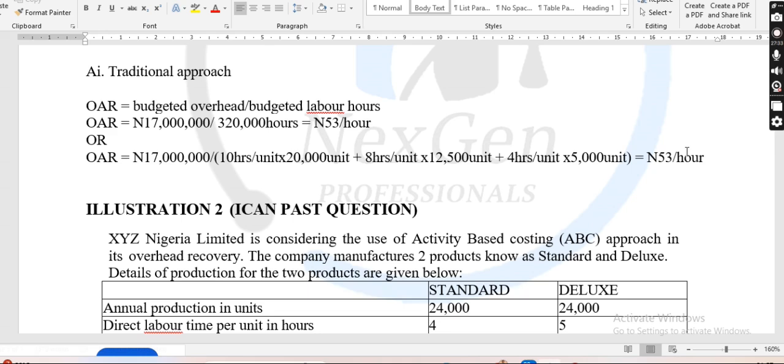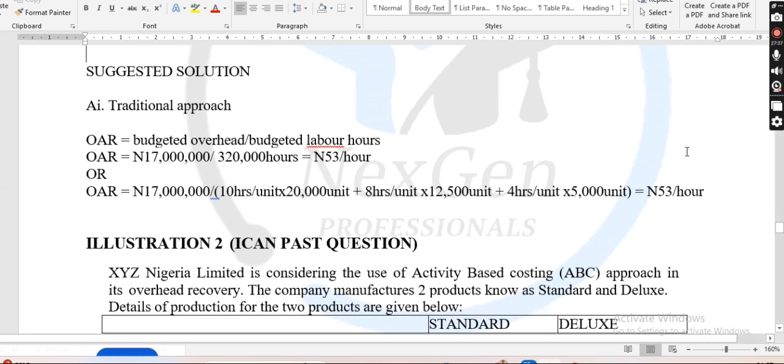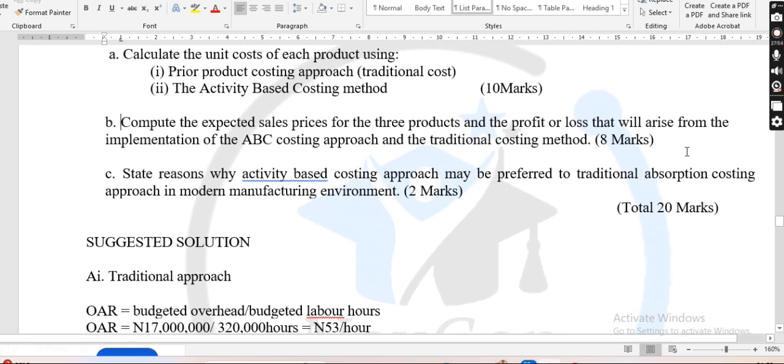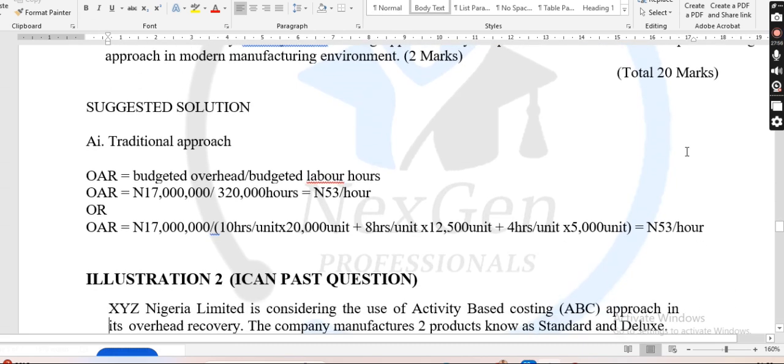Now, the next thing is that this is the unit cost. You can decide to get the total overhead cost, but we will get there when we want to determine the profit. This is what they will charge to their production as their OAR.